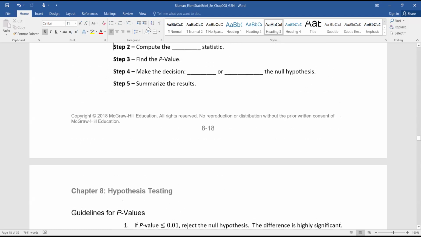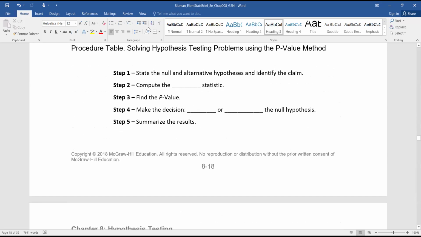All right, so here are the procedures for solving testing problems using the p-value method. Step 1: state the null and alternative hypotheses, and then identify the claim. That's always the first thing.